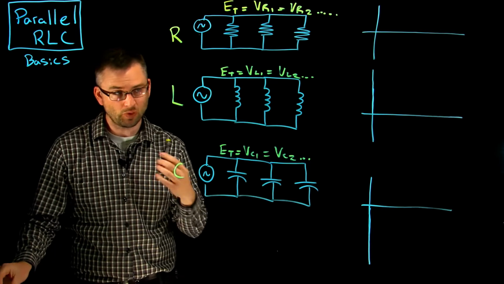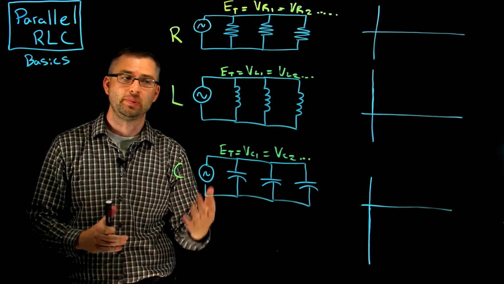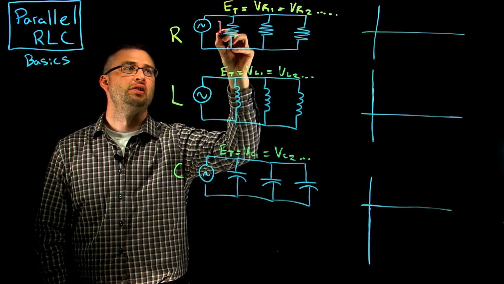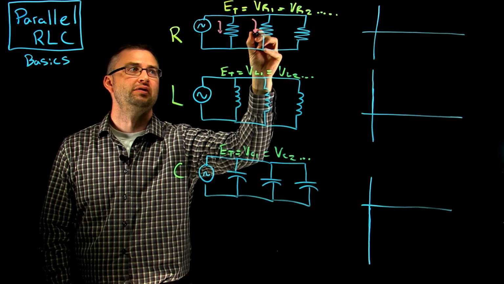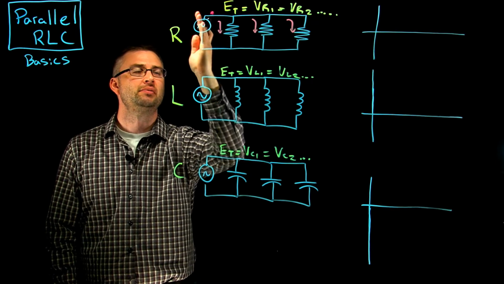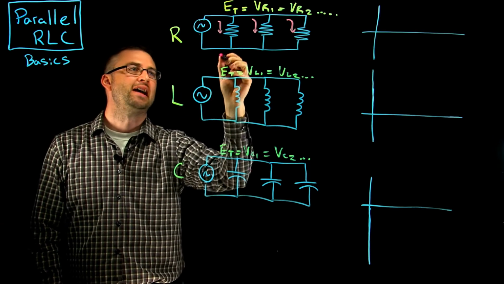Now, with that being said, what we want to be looking at is more in terms of power and current. When we're looking at a circuit like this, current is going to flow into this branch, into this branch, and then once again into the third branch here. So there's going to be current coming from the source going into each branch. So what we want to do is add up our total current.